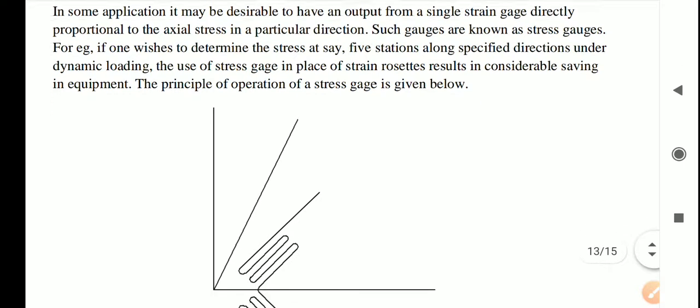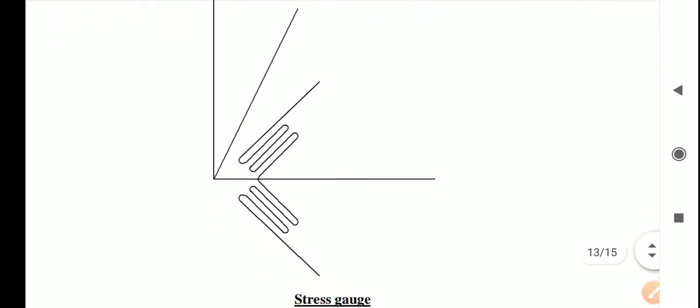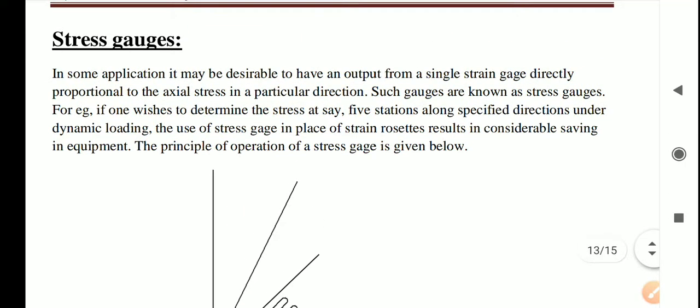But a stress gauge is a single gauge which can easily determine the value of the stress at that point. So you can easily measure the stress at those 5 points. These stress gauges directly give the stress value with respect to the strains. That is the stress gauge.